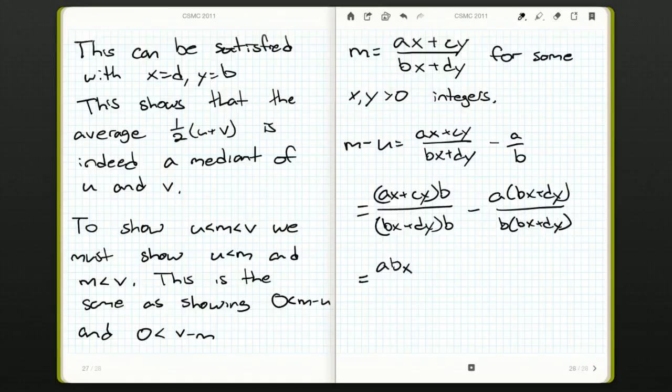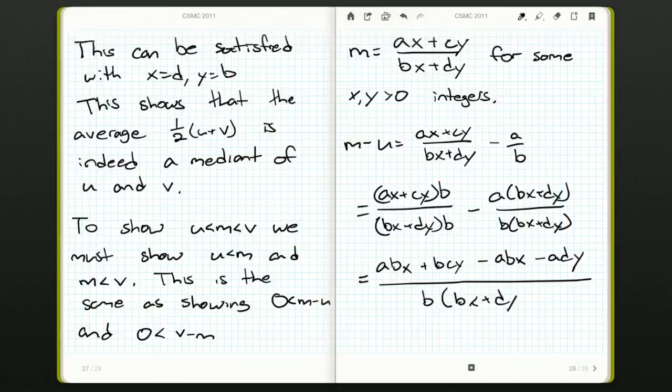So that's abx plus bcy minus abx minus ady. Those two are going to cancel out. Over, I'm just going to leave it as bx plus dy. The reason I'm leaving it, I don't think the denominator is going to matter.